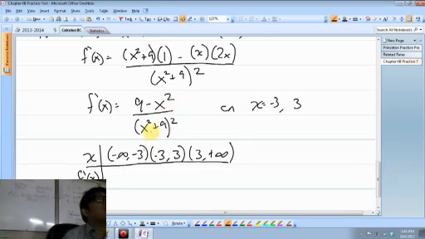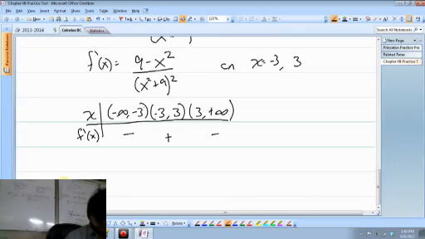So negative. Denominator is already squared, so denominator is always positive. Negative over positive is negative. Something between -3 and 3 would be like 0. Positive over positive. If we use 1,000 again, 9 minus the square of 1,000 is negative, over a positive number is negative.